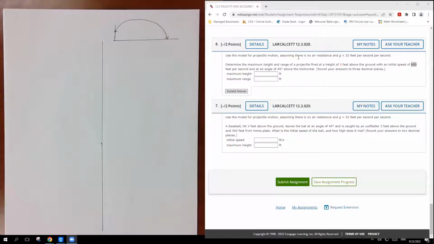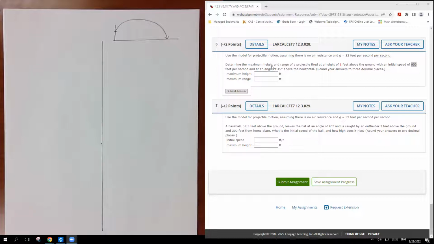So that's why we assume that there is no air resistance, because the air resistance is going to change the direction, or it's going to change the object if you throw an object. And the gravity, which is 32 feet per second. Why do they mention these twice? I don't know. Determine the maximum height.